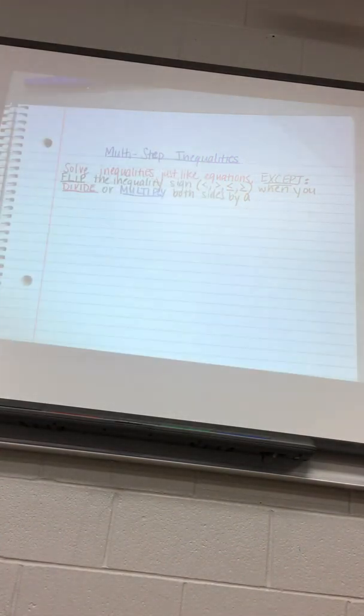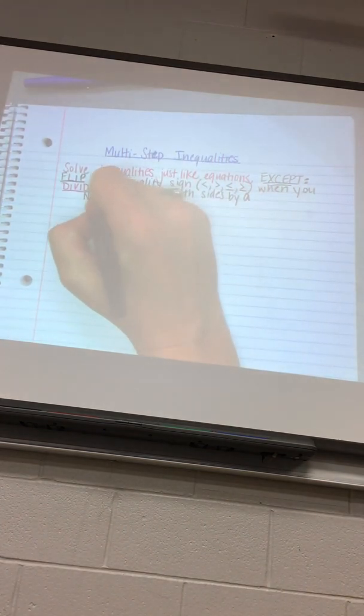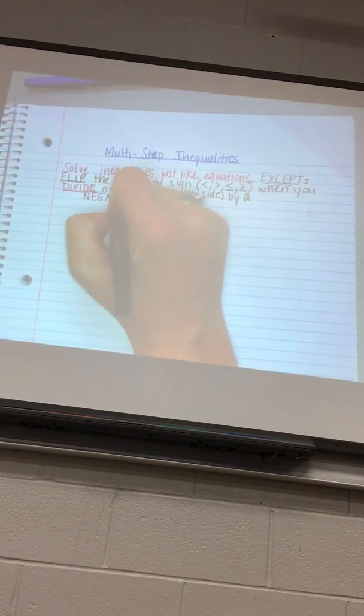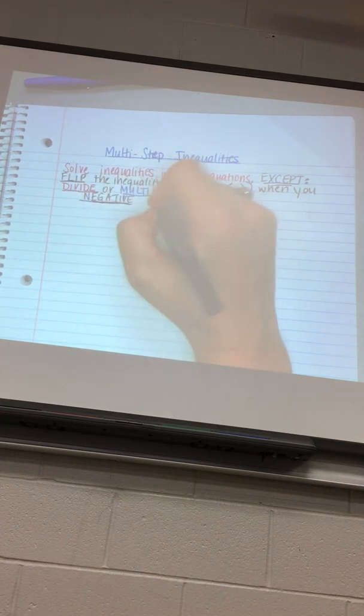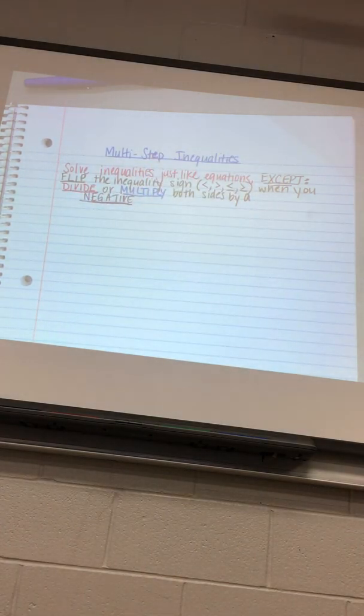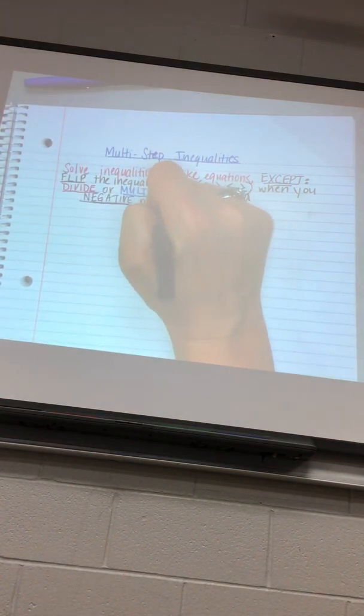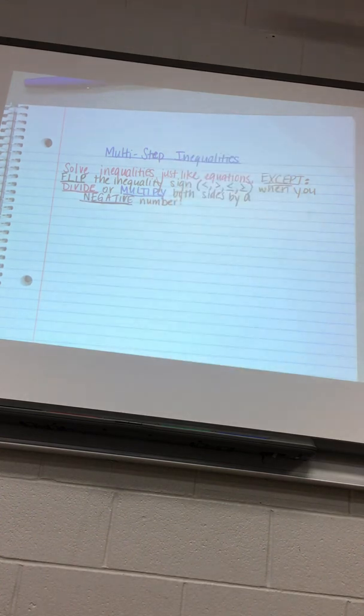This is only when you do this. Negative. Only when you divide it by a negative number. Okay. So let's do an example of that.